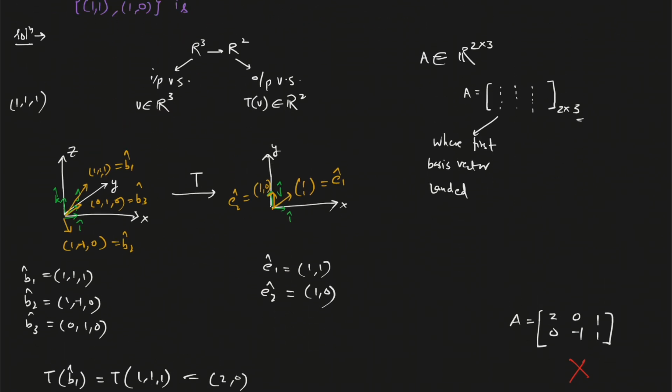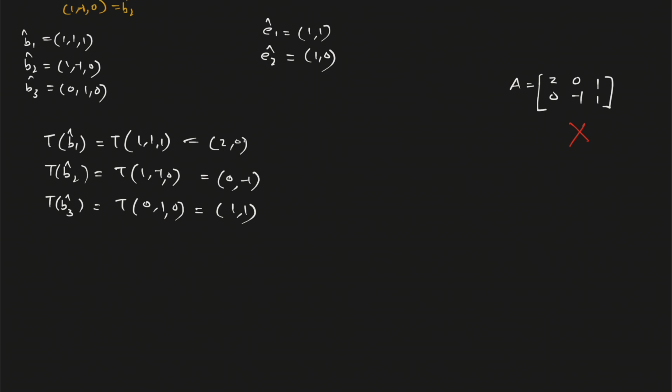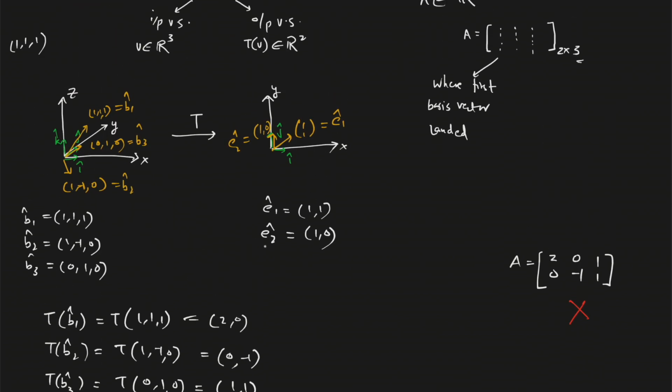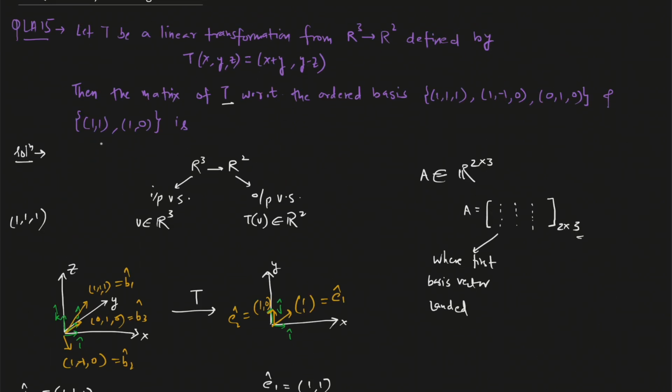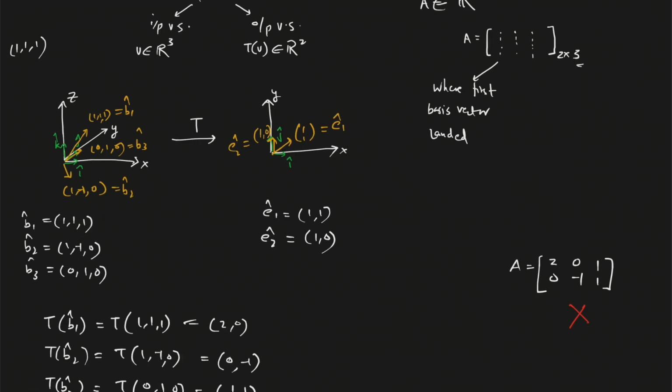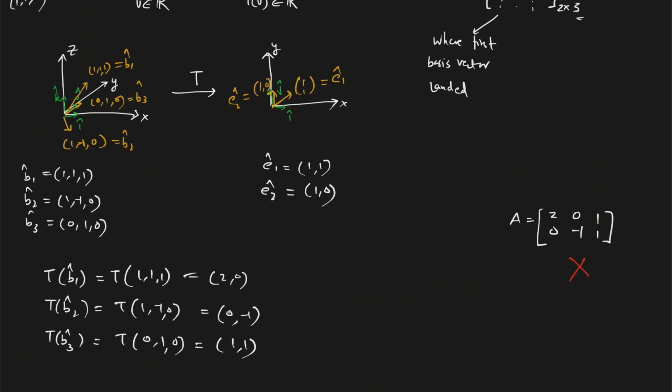So we need to further transform these vectors. Why? Because these are not according to E1 hat and E2 hat. These are according to i hat and j hat. But the output vector space has a different basis set, that is 1 comma 1 and 1 comma 0. So we further need to convert these according to E1 hat and E2 hat.